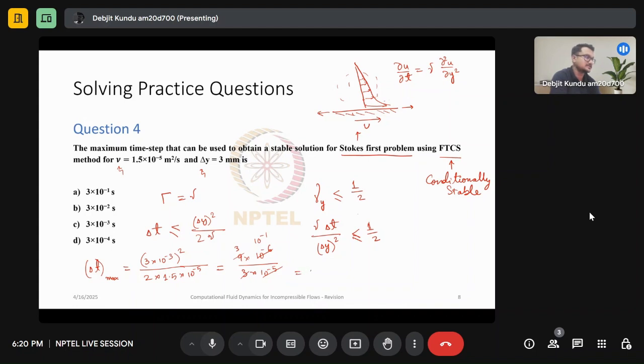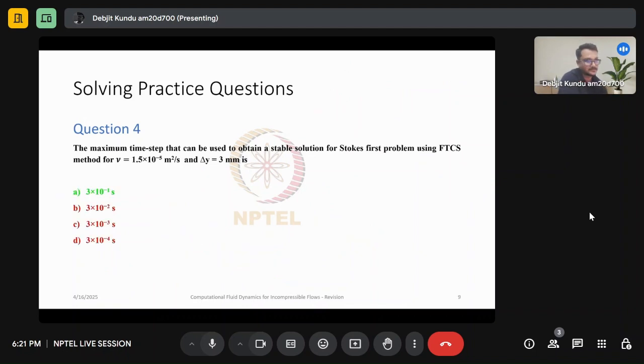So it's basically 0.3, or as the option says, 3 into 10 power minus 1 seconds. So this is in seconds. So it should be option A. Yes, indeed it is option A.